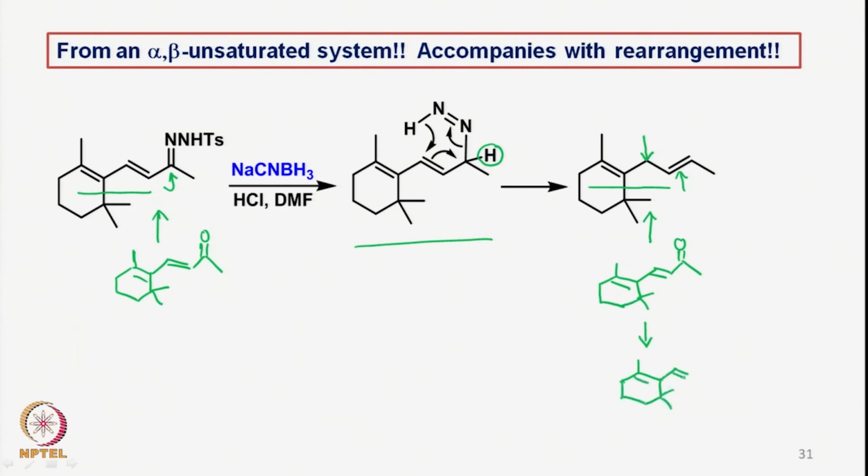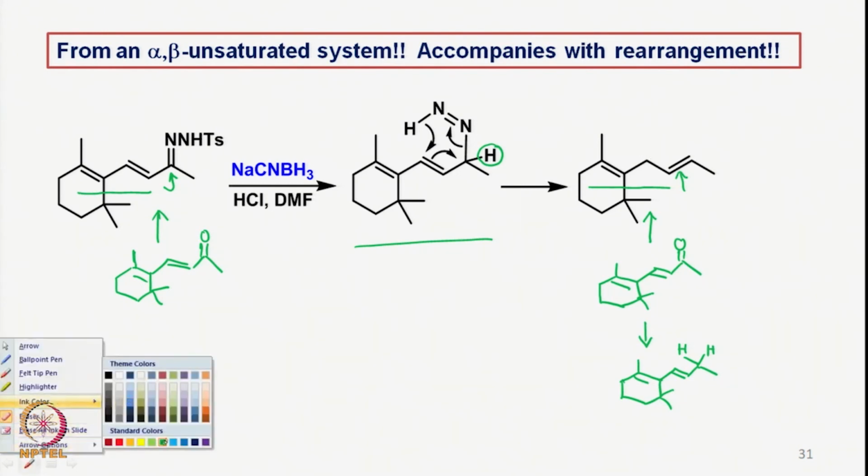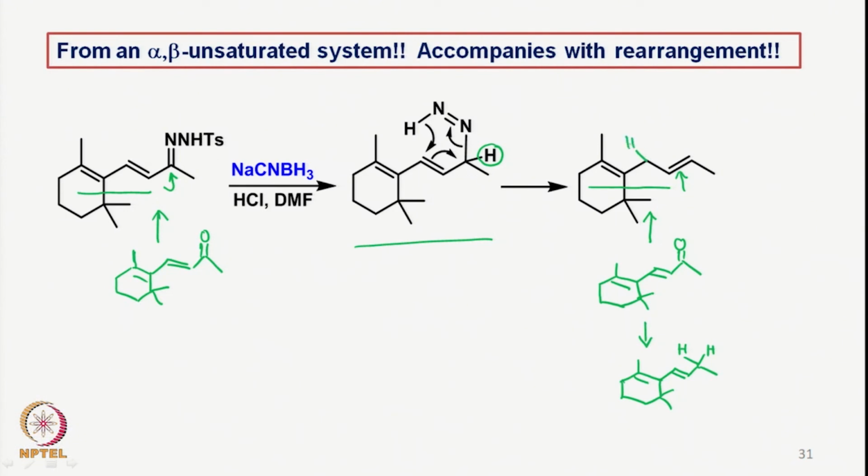If it was a normal reduction, then we would have expected the 2 hydrogens to come here, but that is not the case. What we have got is the 2 hydrogens which have come are basically at this position here eventually. So instead of getting this molecule, which we did not get, we got this molecule via the tosyl hydrazone. So this is how the reactions of sodium cyanoborohydride take place.